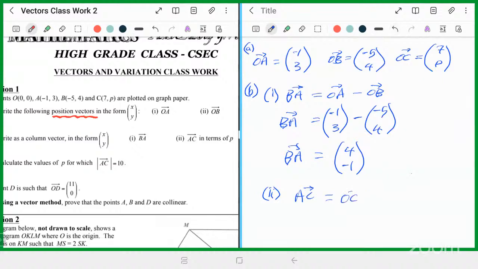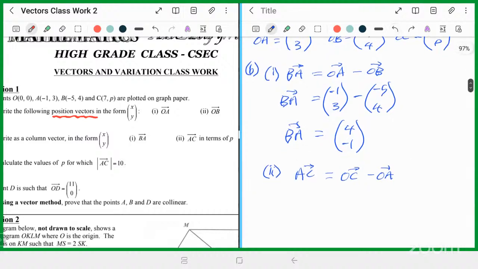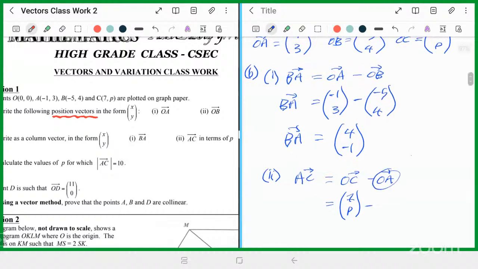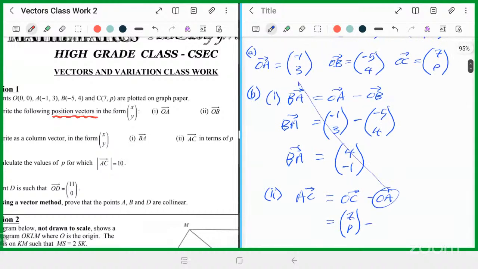That would be then OC minus OA. C is the last, A is the first. And then the OC is this vector here, 7, P, minus OA, which is this vector, -1, 3.